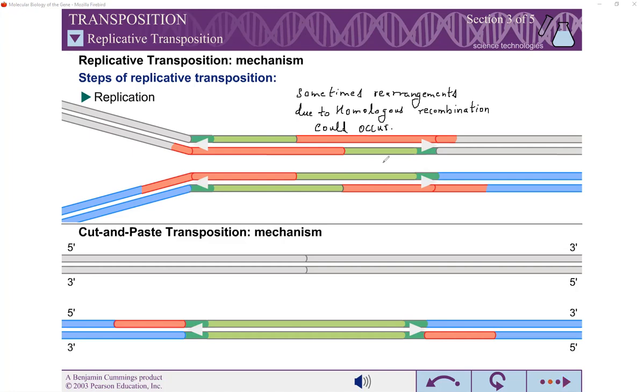There is a homologous recombination that could take place. Because of this homologous recombination, they can move from one location to the other and could produce new recombinations. So there are new recombinations that are going to be produced. Now, moving forward.